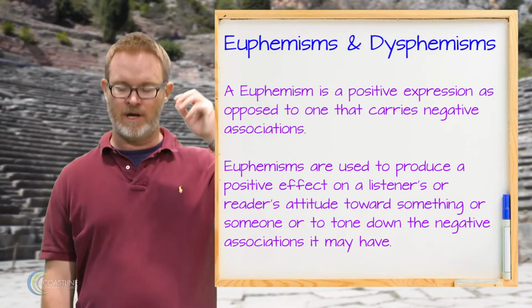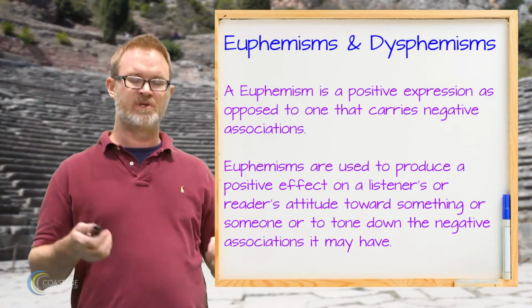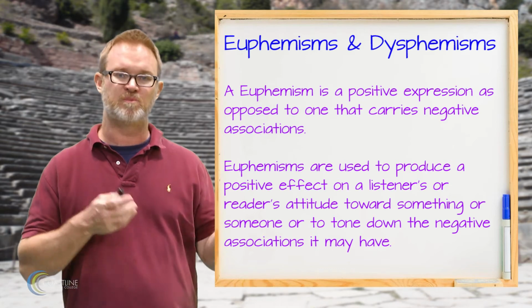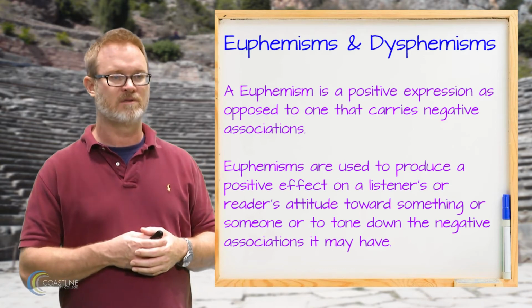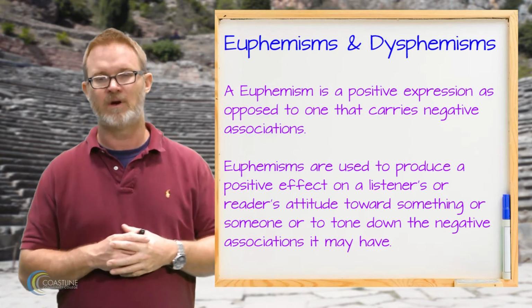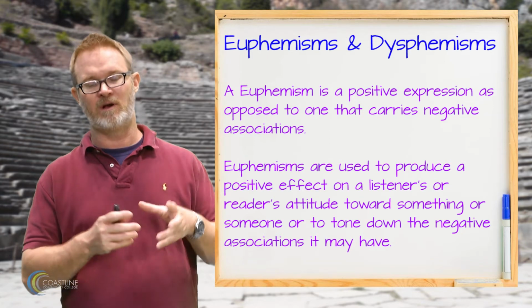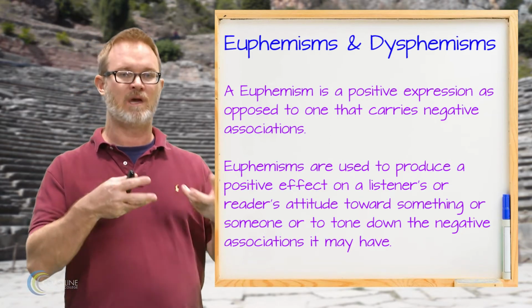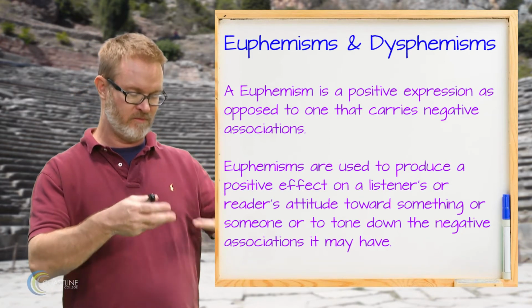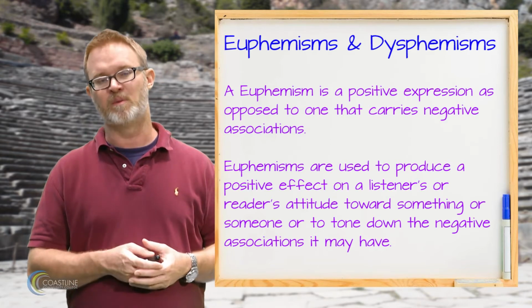A lot of times, it's really interesting if you follow language and the way that people speak about things, and in particular what becomes politically correct, or what is polite speak. It's interesting that a lot of times the euphemism becomes the polite way or the politically correct way to put things.